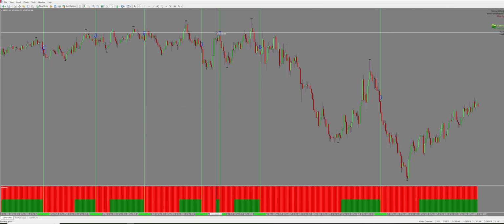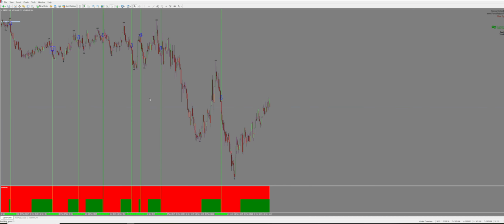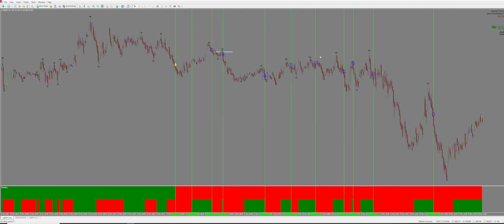It challenged its highs, closed above it, but the algorithm managed to understand this as a fake out. So this tool actually goes on to try to distinguish between a true breakout and a false breakout.